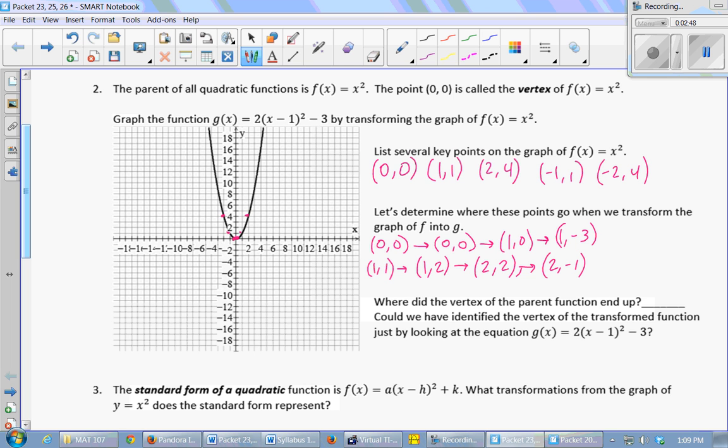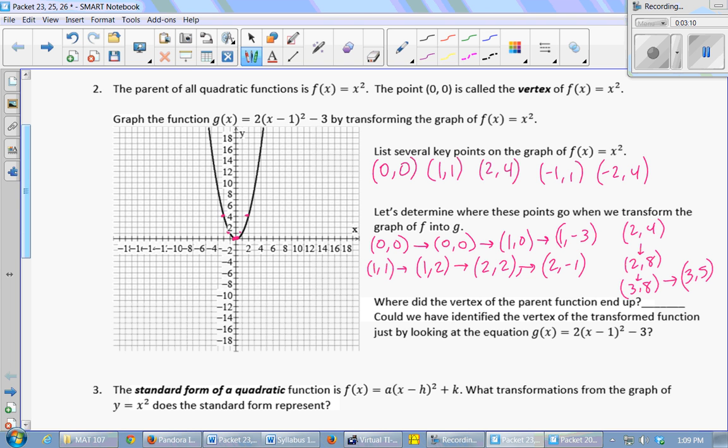And I'll do (2, 4), and then I'll stop there because the other two are mirror images. So (2, 4), double the y-coordinate, and I'm going to be (2, 8). Right 1, (3, 8). And then down 3, (3, 5).